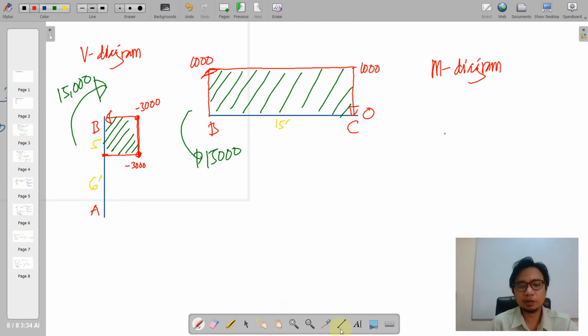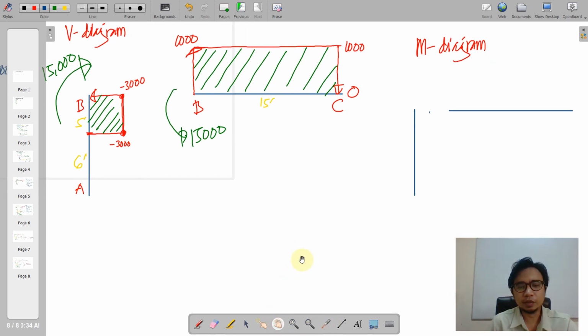So the M diagram, we have the column AB and beam BC. The ordinate from this point up to this point is still 0 until there will be an area from this point up to B, and that is a rectangular area. So if we have a rectangular area, we just have to get the area, 3,000 times 5, that is negative 15,000.